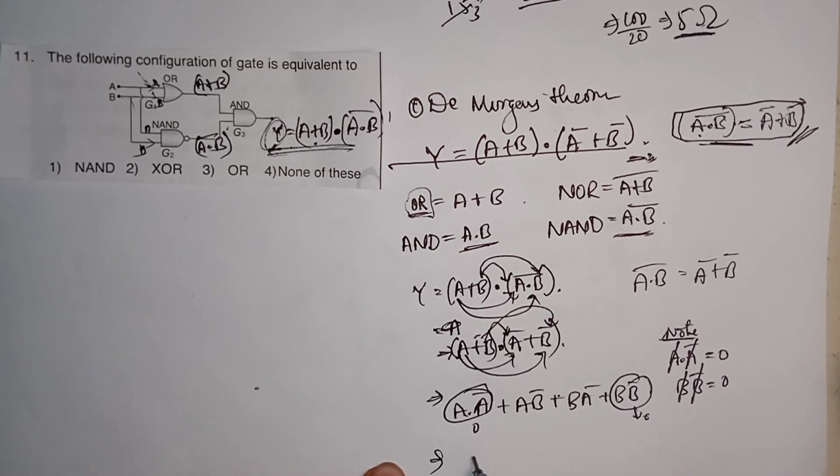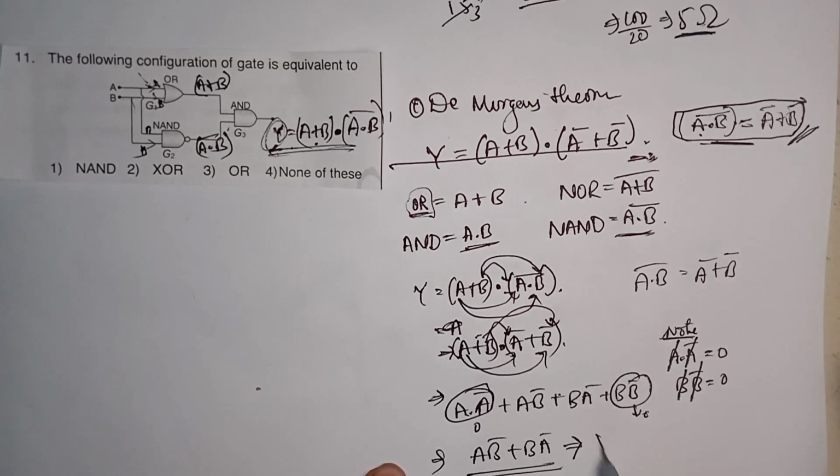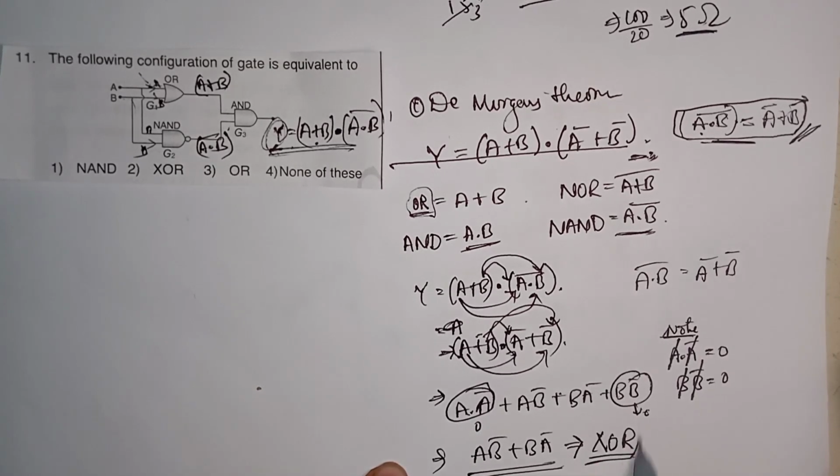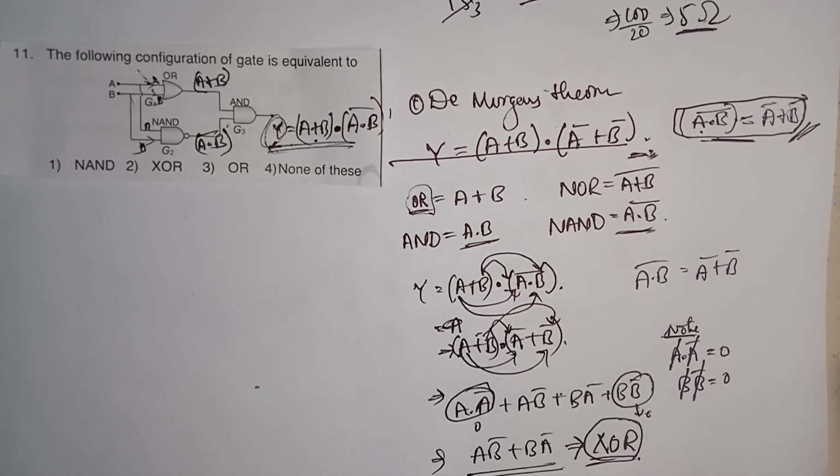So we will be getting A B bar plus B A bar. This is the XOR gate equation.